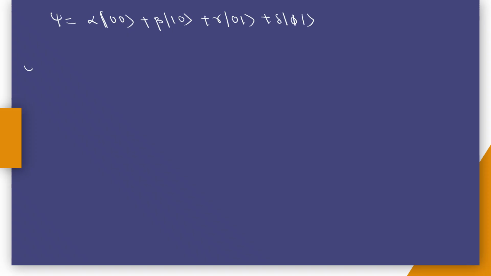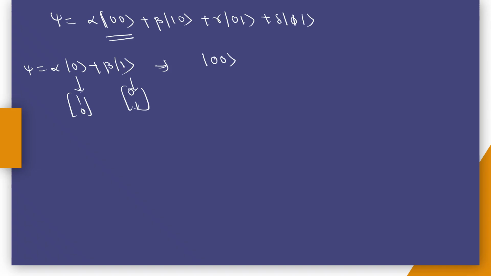In the previous case, with alpha state 0 plus beta state 1, we can simply replace 0 with the vector 1 0 and 1 with the vector 0 1. But here, in what way can we represent 00 or 11 mathematically? So there is a different approach we have to follow to represent the multiple qubit point of view.